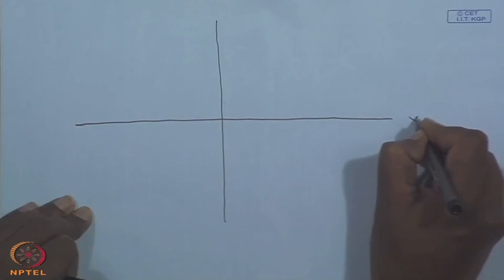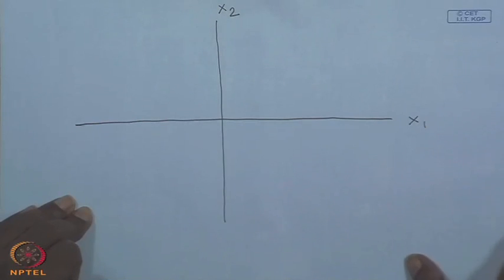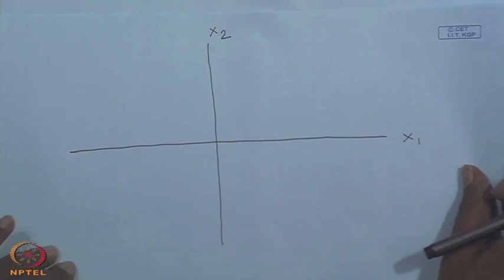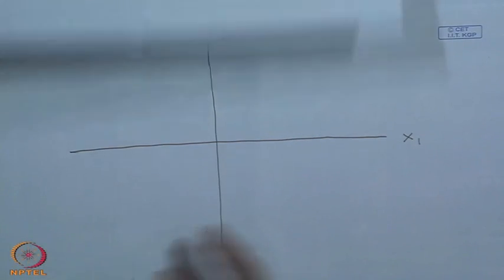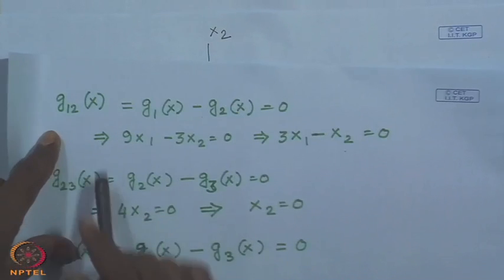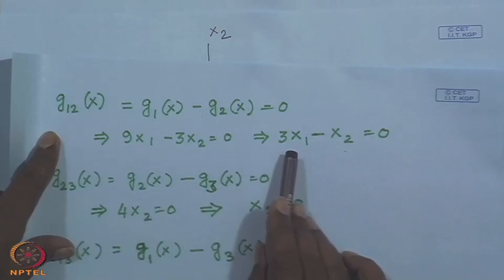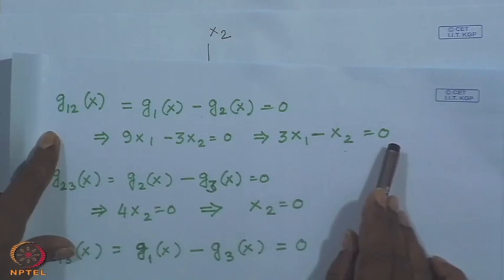This is say my x1 axis and this is my x2 axis. Now, g12x, the decision boundary between class omega 1 and omega 2, is given by 3x1 minus x2 equal to 0.